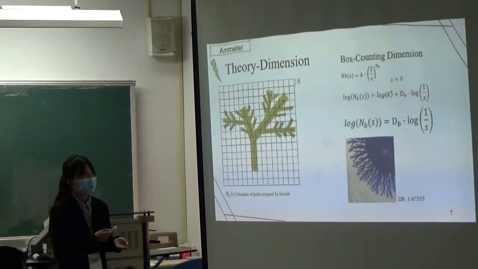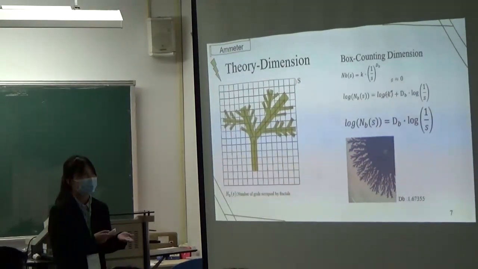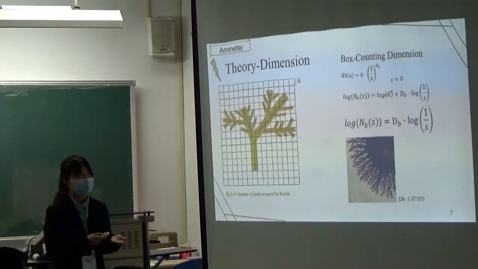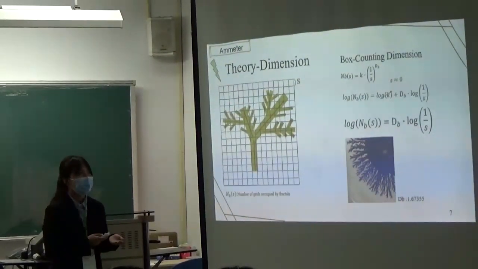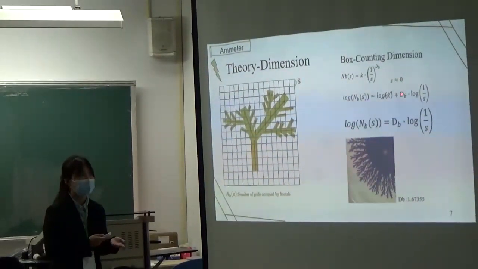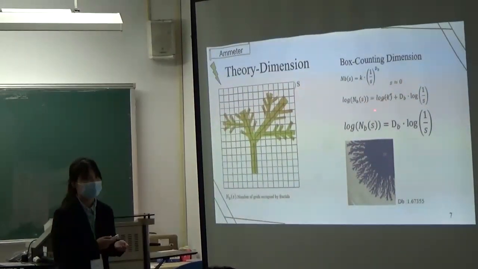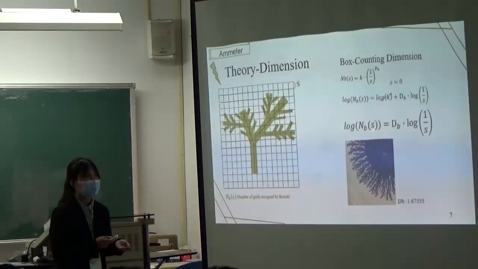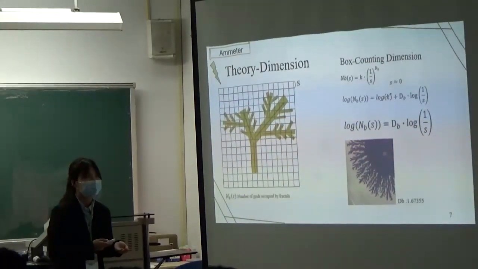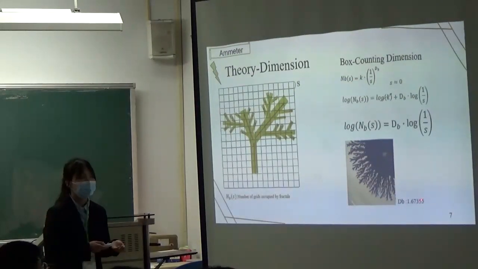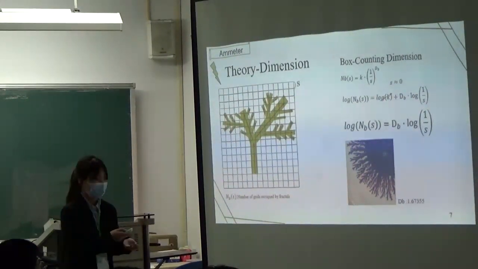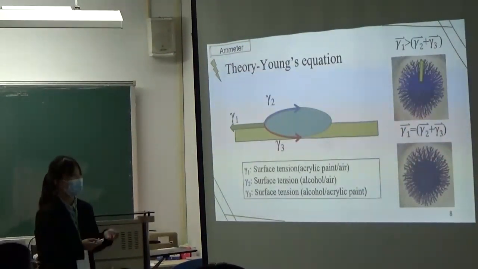And here, we take a log of this, and we can get log N_B equals log K plus d_B times log 1 over S. And when S is very small and almost equal to 0, the log K can be ignored. So we get log N_B equals d_B times log 1 over S. And we calculate the dimension, and it's about 1.67355.